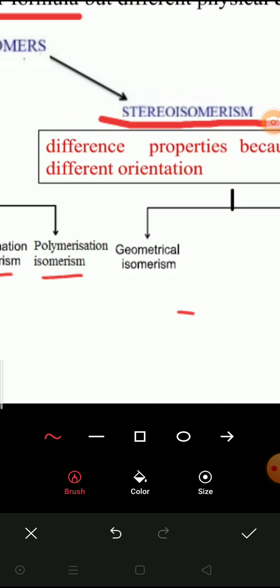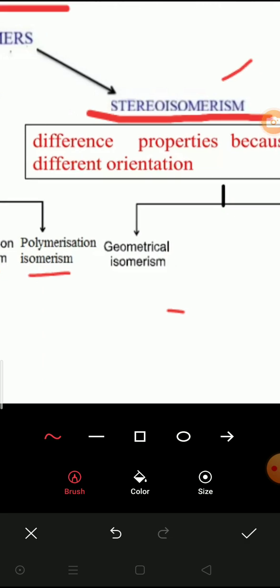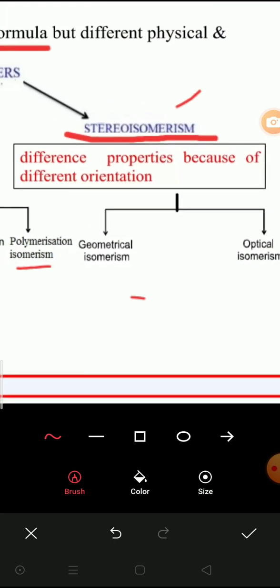The other category of isomers is stereoisomerism. What do you mean by stereoisomerism? In these, the compounds have different properties due to their different orientation.